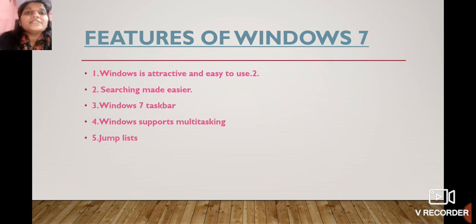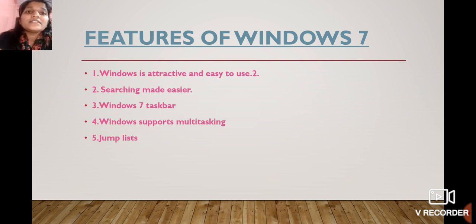After that, the second feature of Windows 7 is searching made easier. That means we can search anything with the help of Windows 7. The third feature we have seen is the Windows 7 taskbar.